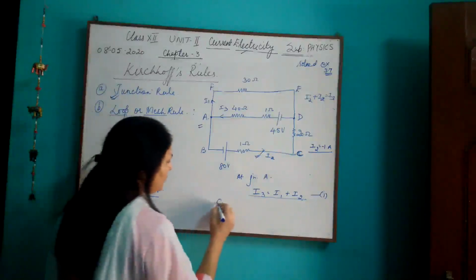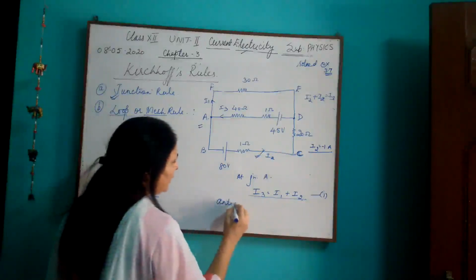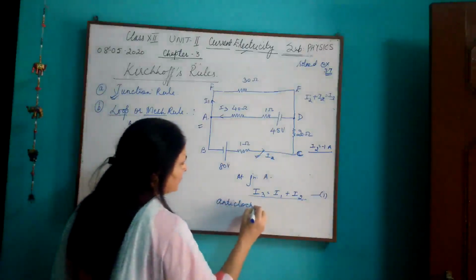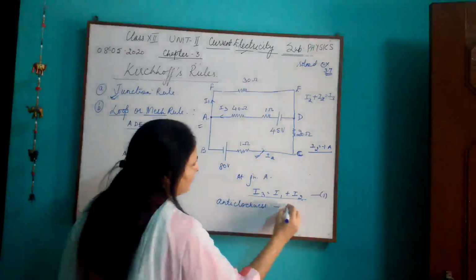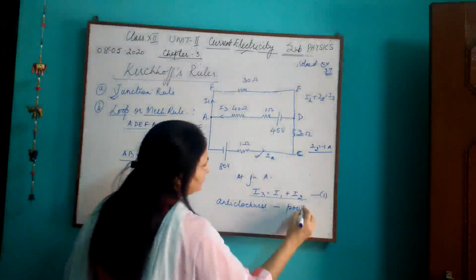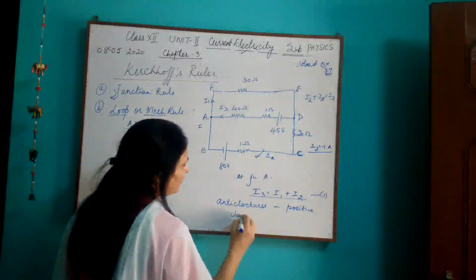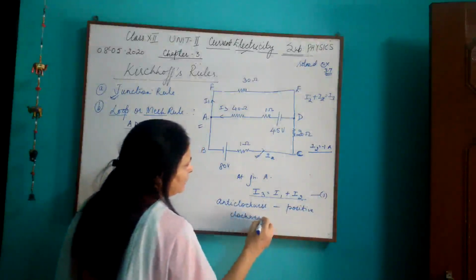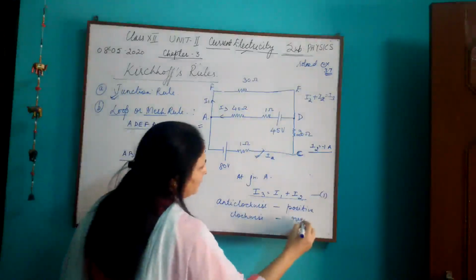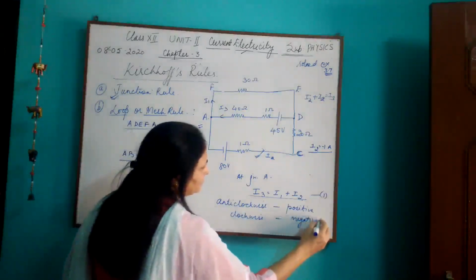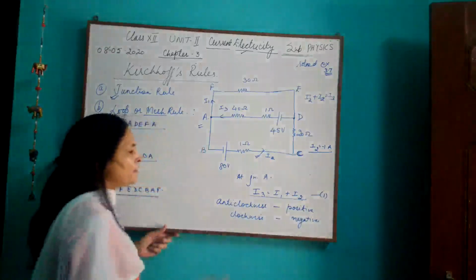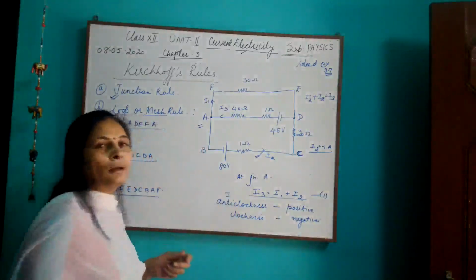So what I am going to do is take anti-clockwise as positive, and therefore clockwise will automatically become the negative direction for current.